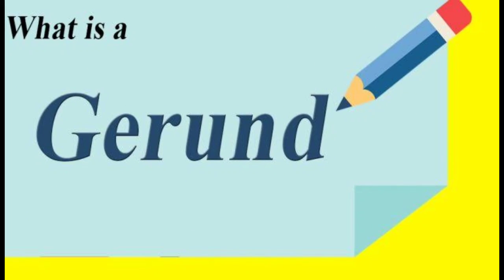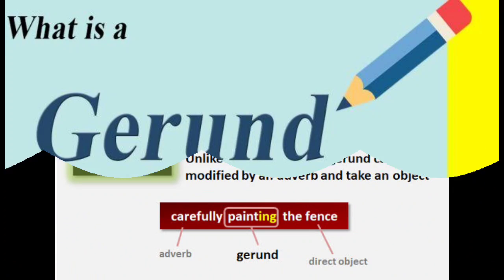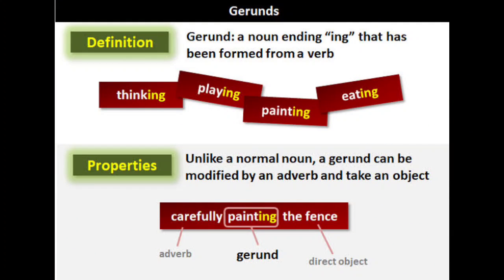Children, let's see in detail what a gerund is with some more examples. A gerund is a noun ending with ing that has been formed from a verb. For example, thinking, playing, painting, eating, etc. Unlike a normal noun, a gerund can be modified by an adverb and take an object.